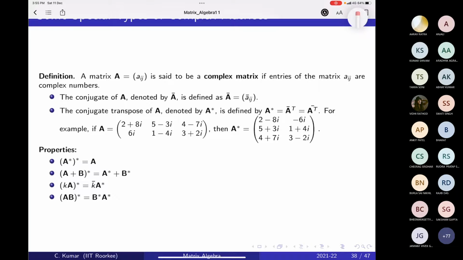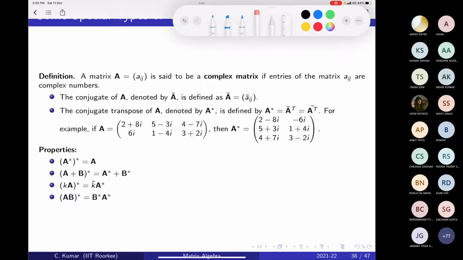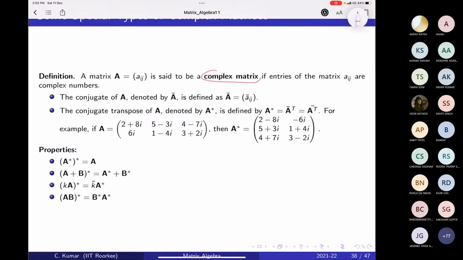Now, if one or more elements of a matrix are complex numbers, then this matrix is known as a complex matrix. So the next definition is the complex matrix. A is said to be a complex matrix if entries of the matrix are complex numbers.